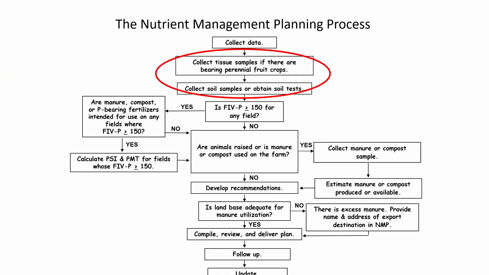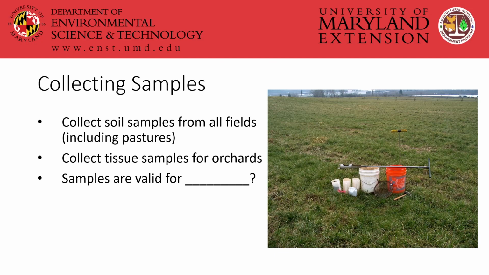Alrighty, our next step is to just make sure we have tissue samples if they've got perennial fruit kind of crops, and soil samples. I won't go into a lot of detail because Dr. Tor already explained the importance of good quality soil sampling. But all fields need to have a good soil sample done.